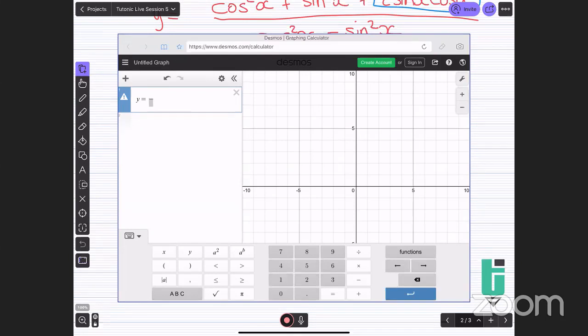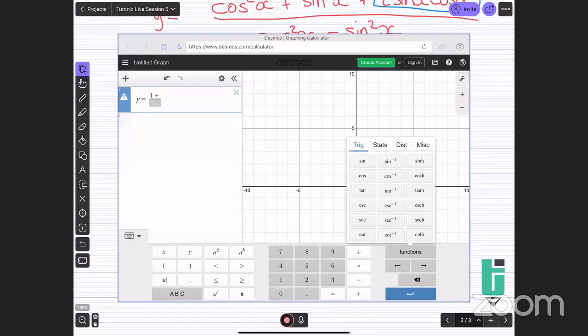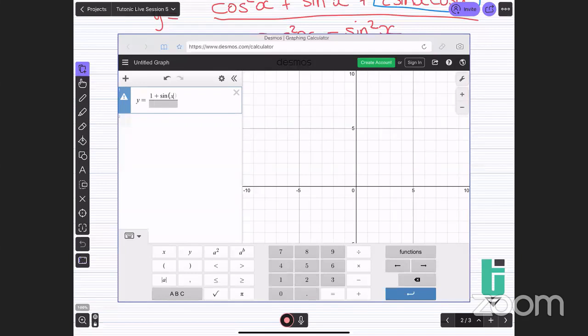Cos x, we said it's 1 plus sine 2x, sorry. I mean, the other thing you could do is just sub in points. Do you guys agree?